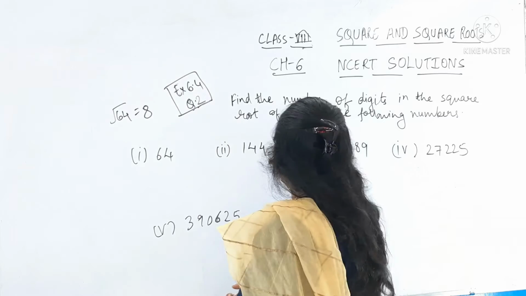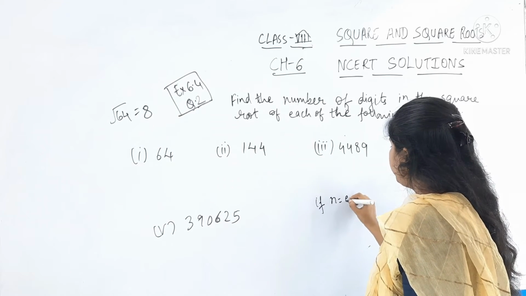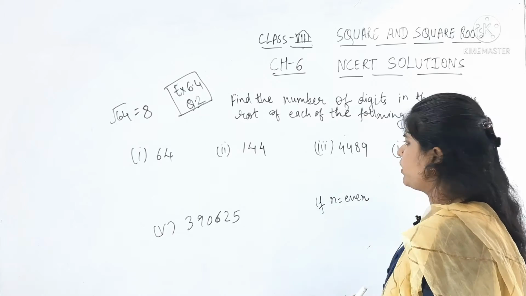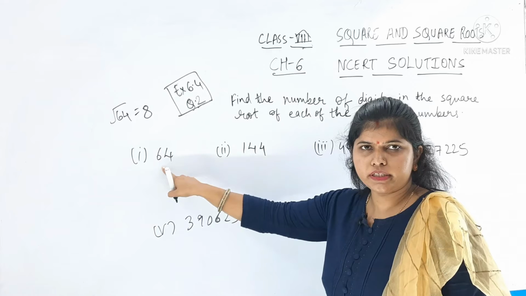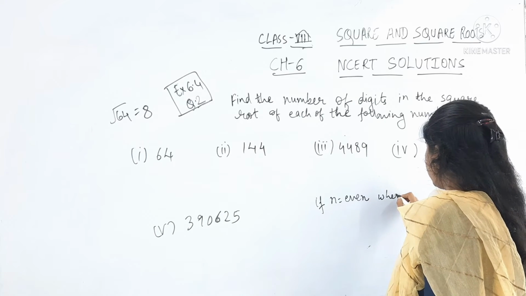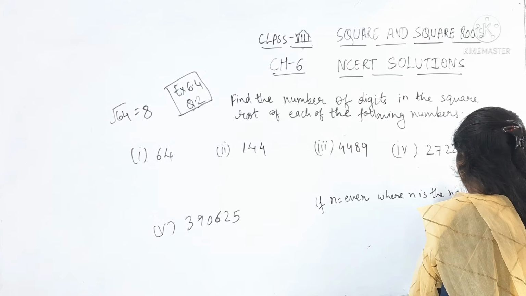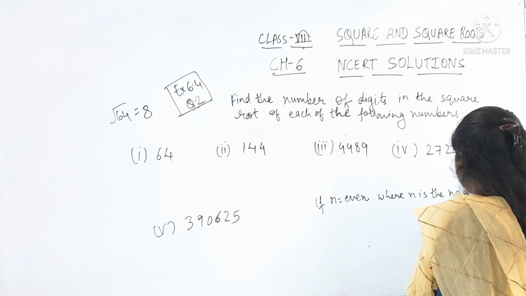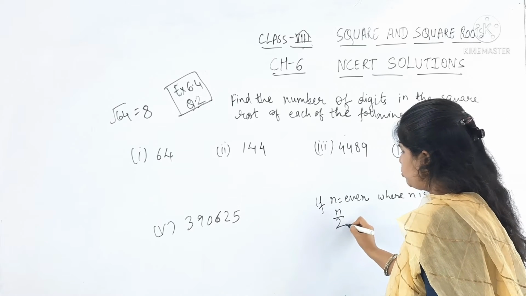For this we have a formula. If n is even, where n is the number of digits, then the number of digits in the square root is n by 2.